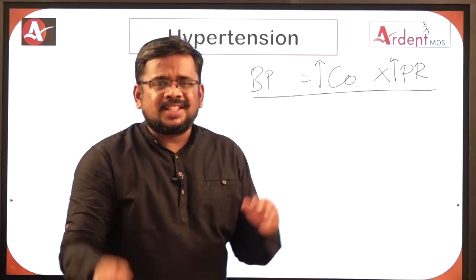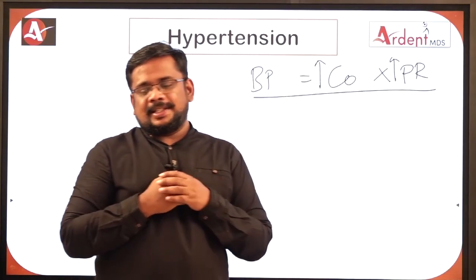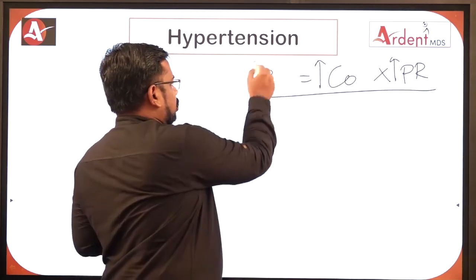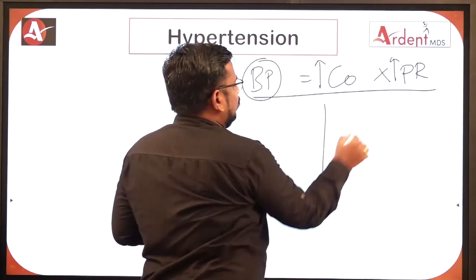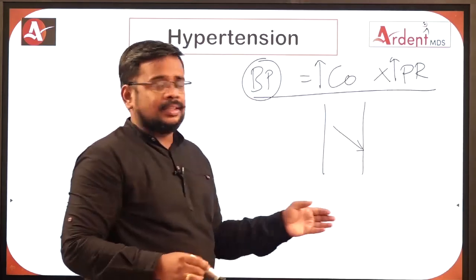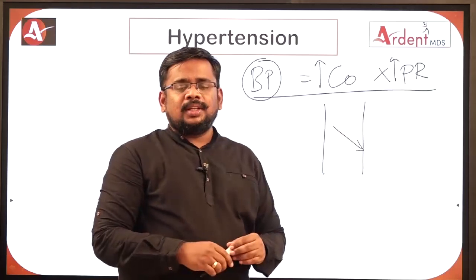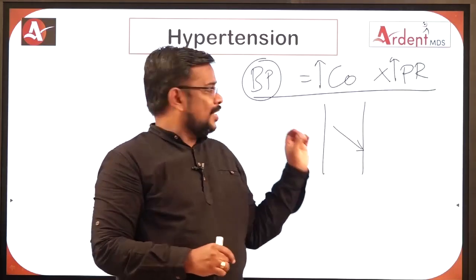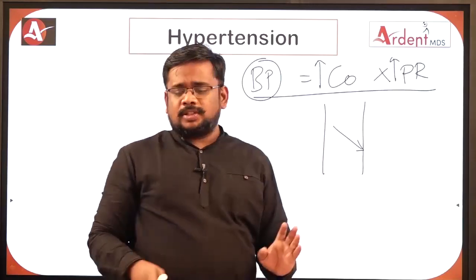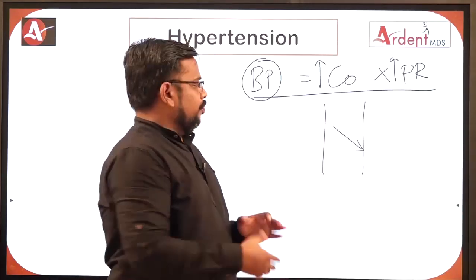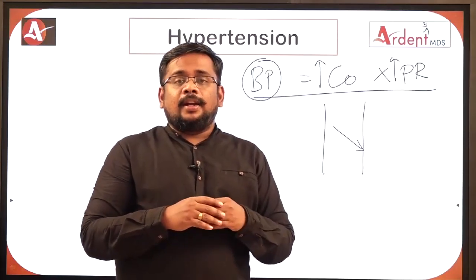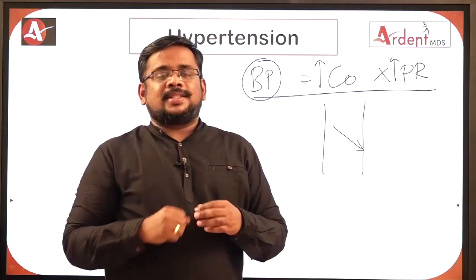Right. So what is the peripheral resistance? First of all, you have to know what blood pressure is. Blood pressure is nothing but the pressure exerted on the walls of the blood vessel. If the walls are rigid, there will be more resistance, right?